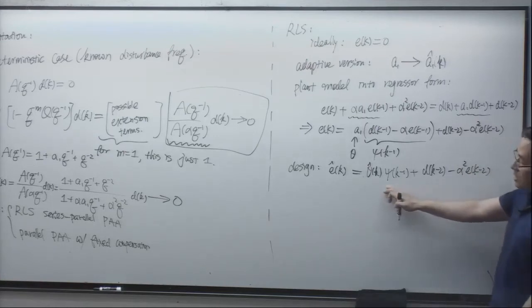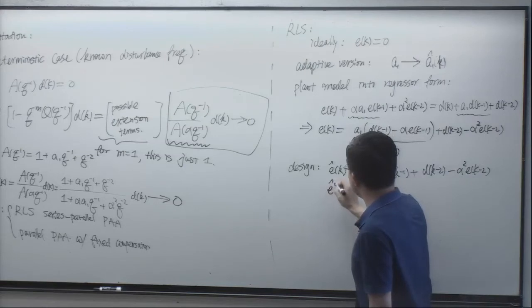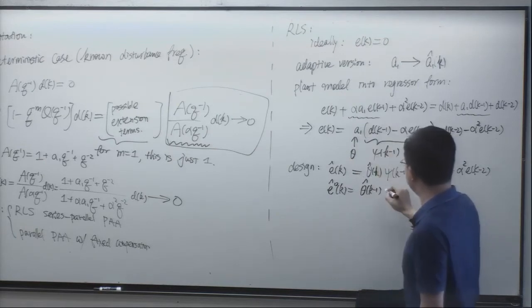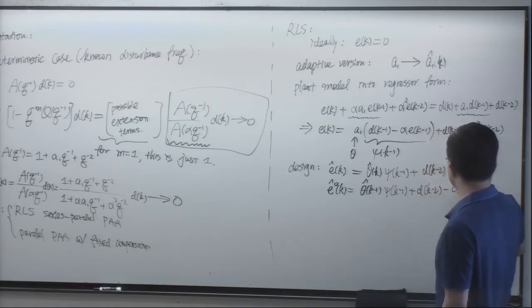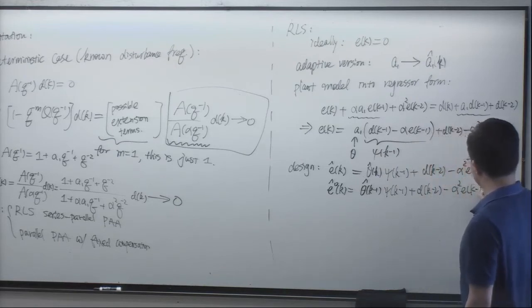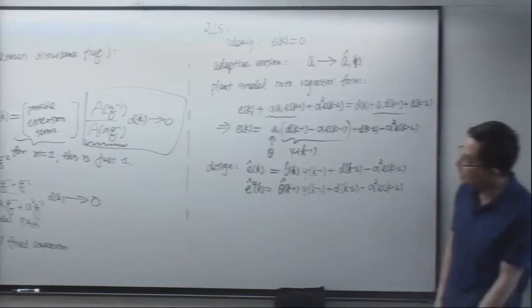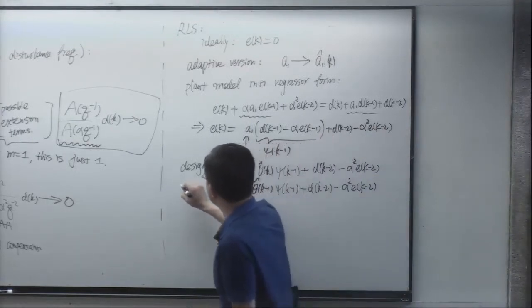This is the a posteriori estimate. And then the a priori estimate is theta hat k minus 1 phi k minus 1 plus dk minus 2 minus alpha square ek minus 2. All right? And then this is the estimate.